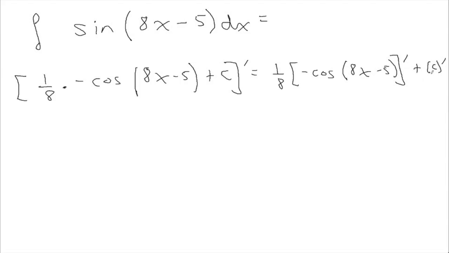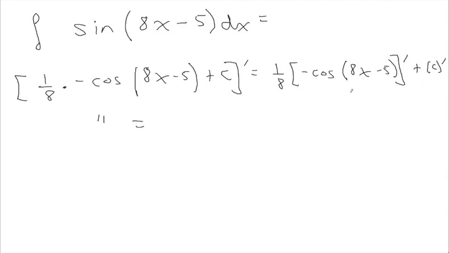You should write the c separately to show that it's not being multiplied by the 1/8. It didn't lead you to any mistakes in this case, but I think it's better to write it out like this. And let me show you something else on this.